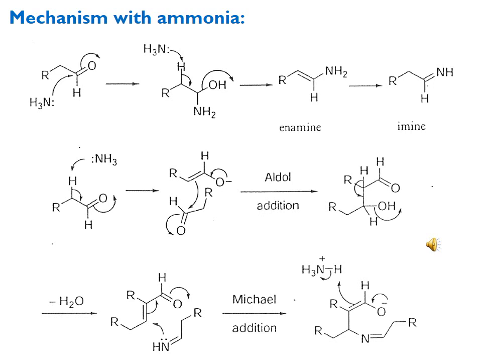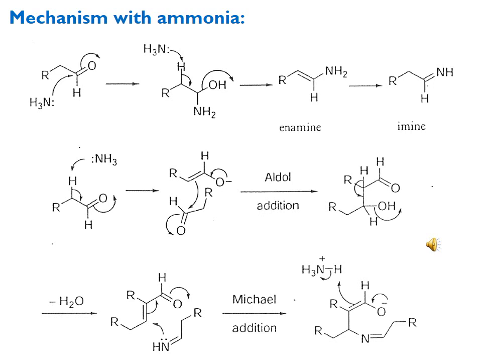The second molecule of aldehyde in the presence of base ammonia gives out a proton and gets a negative charge on this alpha carbon, and this acidic proton is removed by the ammonia.